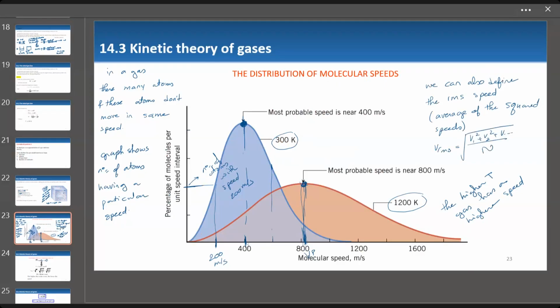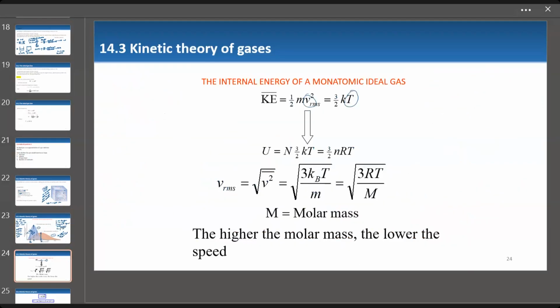So what we notice is this average speed or RMS speed is directly linked to the temperature through this formula. The average kinetic energy of all of the atoms is equal to half m VRMS squared, and it's also equal to 3 over 2 kT.